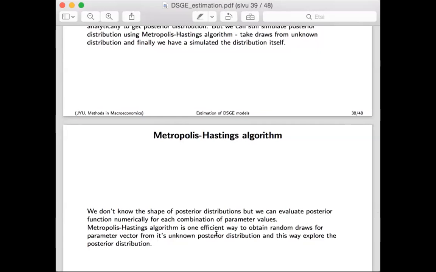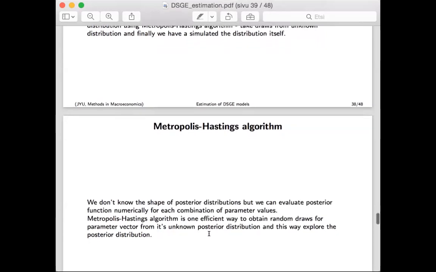And we do this for many combinations of parameter values to simulate the distributions. And one efficient way to do it is to use the so-called Metropolis-Hastings algorithm. So in a sense, we are not estimating, we are actually simulating distributions, and then from these distributions, we can calculate posterior means or variances.